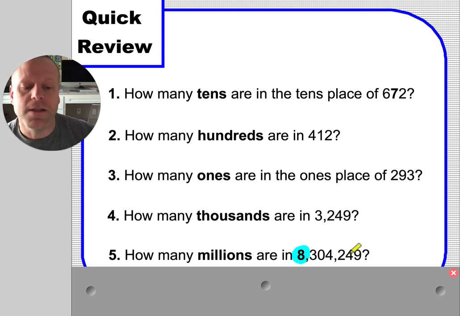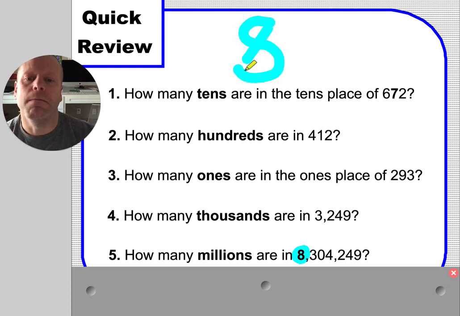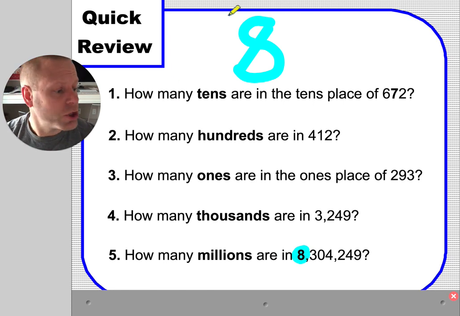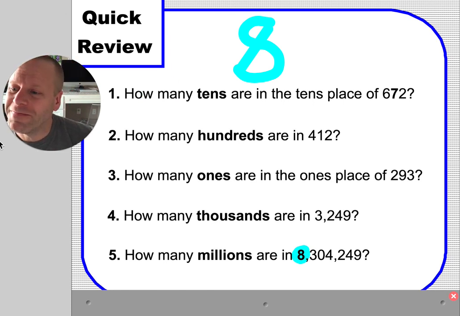It goes ones, tens, hundreds, thousands, 10,000s, 100,000s, and then finally, after the next comma, millions. How many millions? 8 millions. This is called place value, and you guys are showing me everything you know. Thanks now.